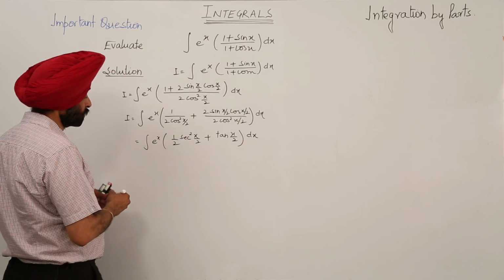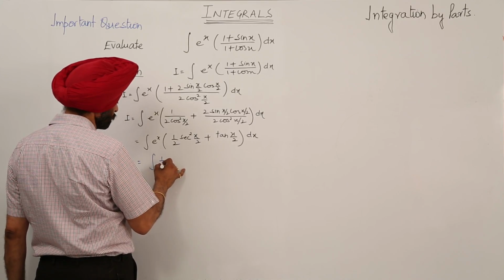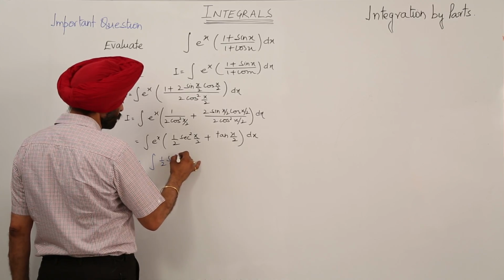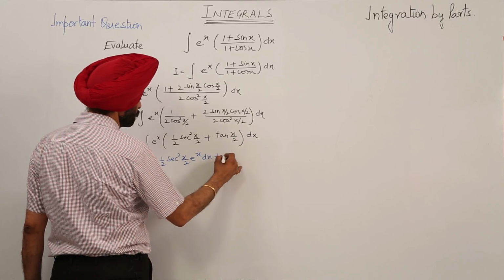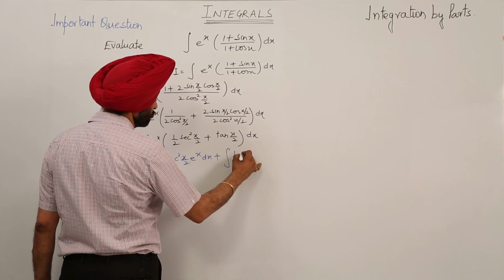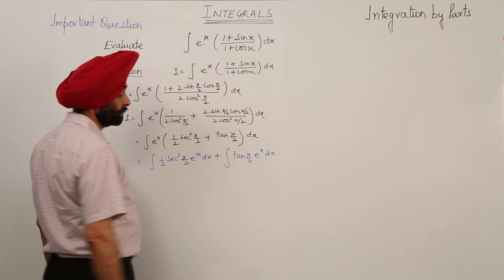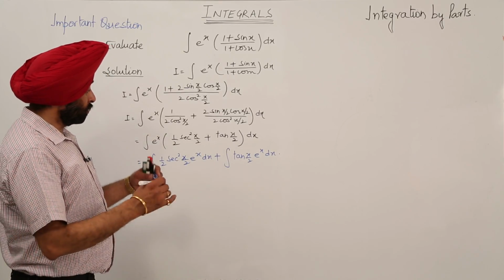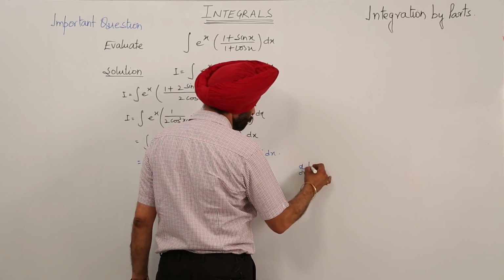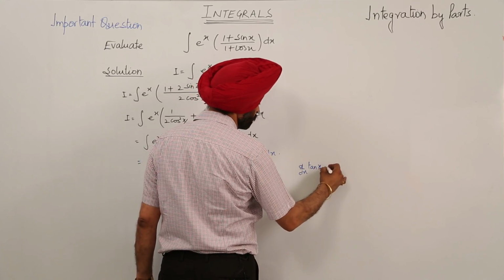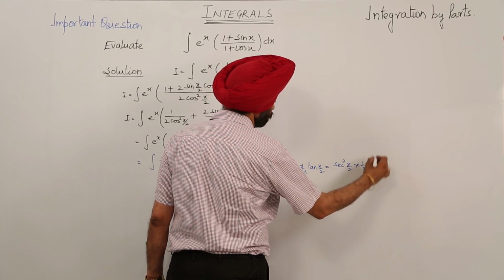Now splitting it into the two integrals, we are having integral half secant square x by 2 e raised to power x dx plus integral tan x by 2 e raised to power x dx. Now d by dx of tan x by 2 is equal to secant square x by 2 with 1 by 2.